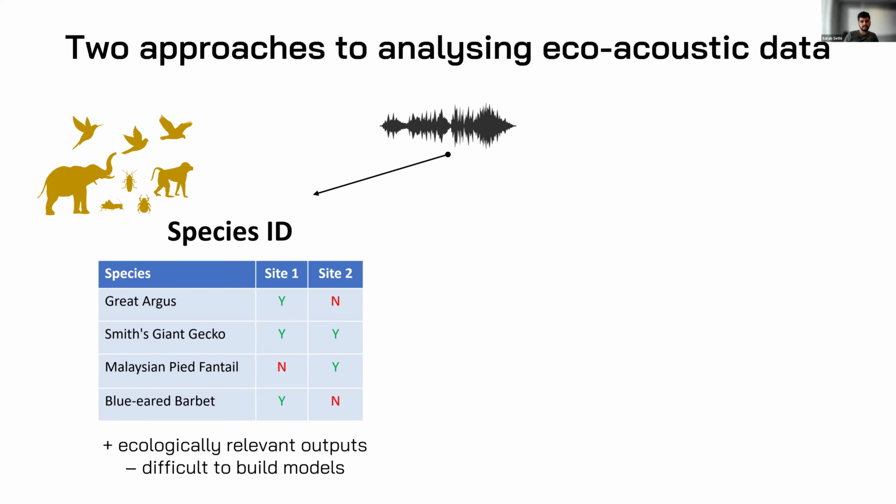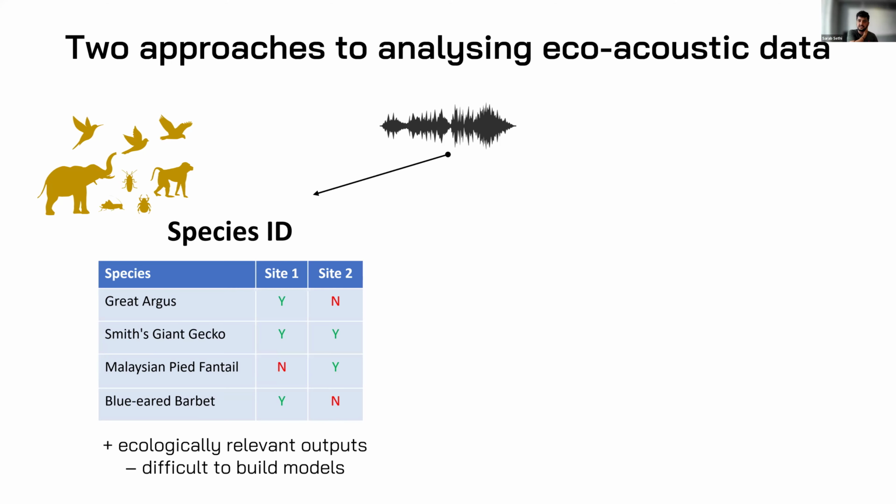So there's two basic approaches to analyzing ecoacoustic data. There's the one that is, you know, BirdNet, species ID. Is there a vocalization or a passive acoustic signal that has been detected relating to this species in this audio file, yes or no? And it gives you very ecologically relevant outputs.